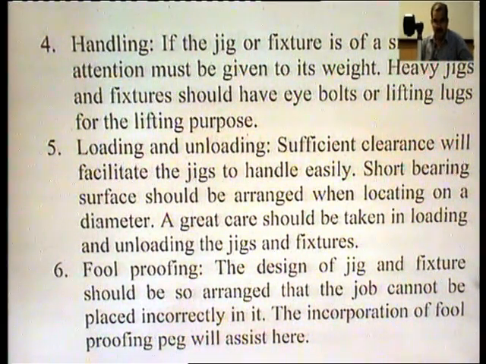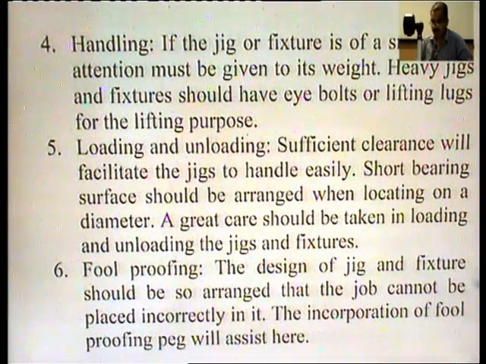Then sixth point is fool proofing. The design of jig and fixture should be so arranged that the job cannot be placed incorrectly in it. The incorporation of fool proofing pegs will assist here.